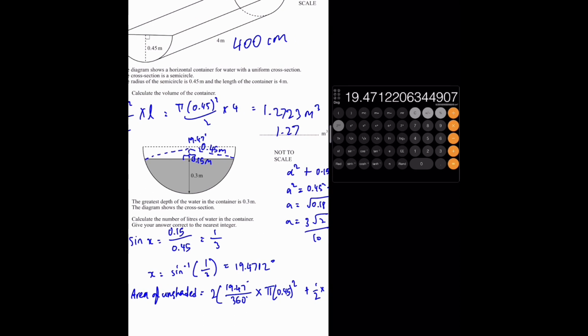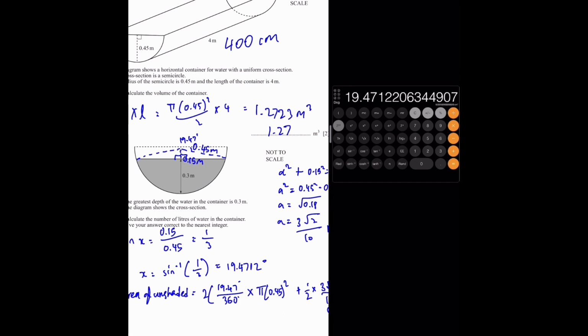So when we find the area of the unshaded region, we can get 19.47 divided by 360, which is this value, multiplied by 0.45 squared, and then multiplied by pi, which is this value.